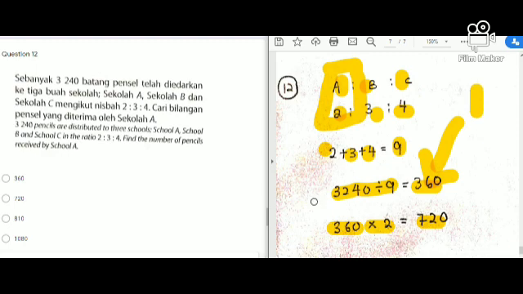But in this question, it wants school A with the ratio 2. That's why you need to multiply with 2. But if the question said for school B, 360 multiply with 3. But if the question said find for school C, you must take 360 multiply with 4. Because this 360 is just for one ratio.